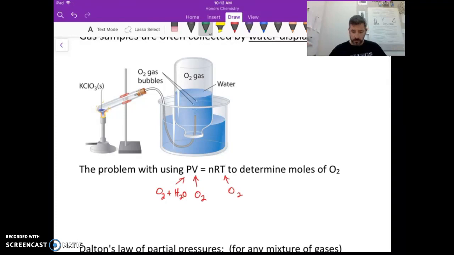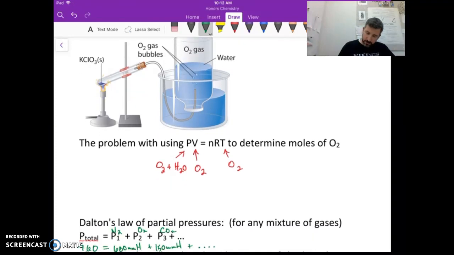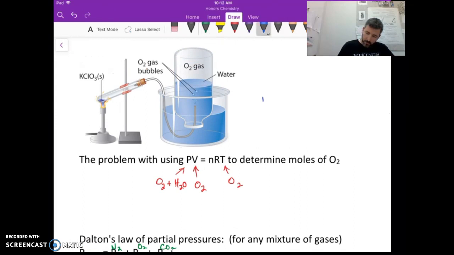Because if I'm going to solve for my number of moles of oxygen, I'm going to rearrange PV equals nRT to say PV over RT equals n. But I want to make sure that all of these values, pressure, volume, and temperature, are all for the oxygen only.